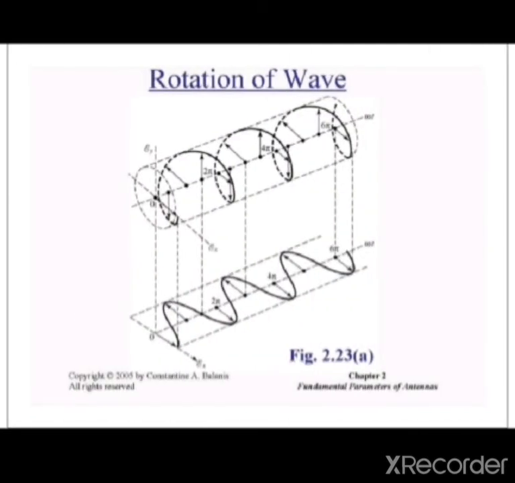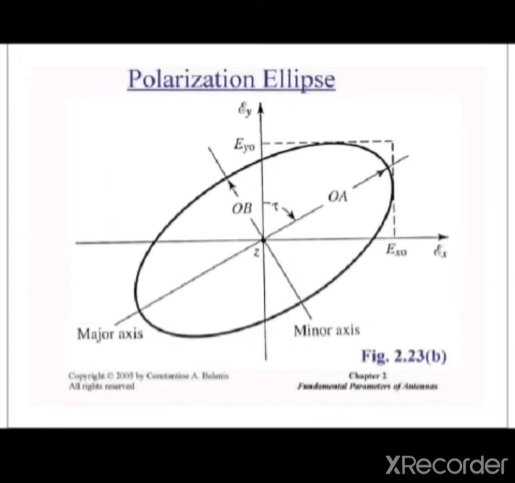This is how a wave should propagate. Along the axis is the linear polarization, either horizontal or vertical, like this, and then the elliptical polarization. In elliptical polarization, we take a major axis and a minor axis, both perpendicular to each other, but both axes will be unequal. This is the condition for the elliptical polarization.